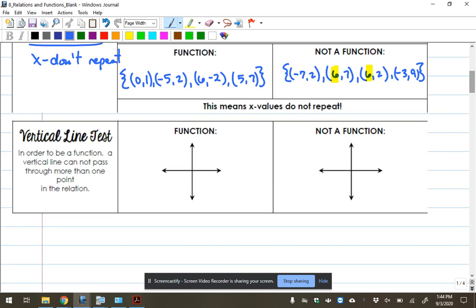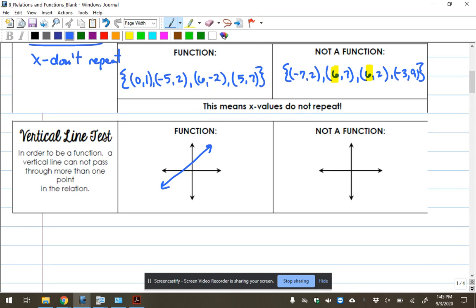Okay. The other test for whether something is a function is when you have a graph. If you've got a graph of an equation or some sort of thing they want to test as a function, you can use the vertical line test. And the way the vertical line test works is you might have a graph. I'm going to draw that, just a line like that. Just a slanted line, doesn't have to match mine perfectly, but it's a straight line going up and to the right.